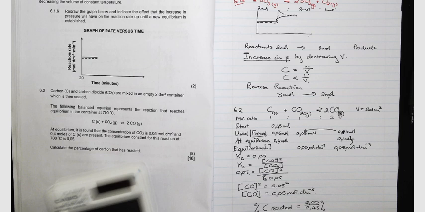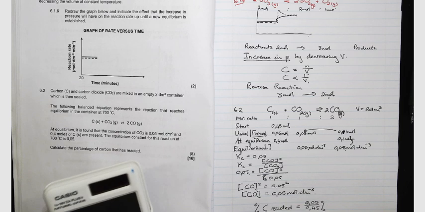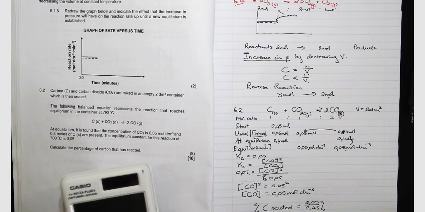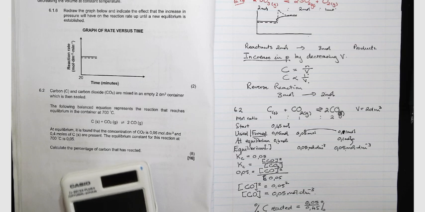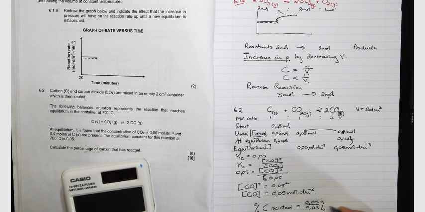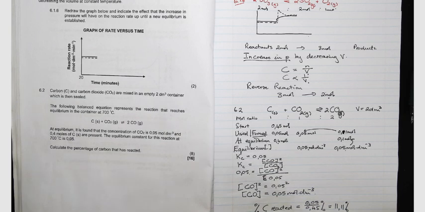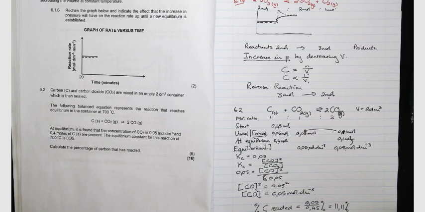So it's 0.05 divided by 0.45, times 100, which is 11.11% of the carbon reactant. That was a challenging question.